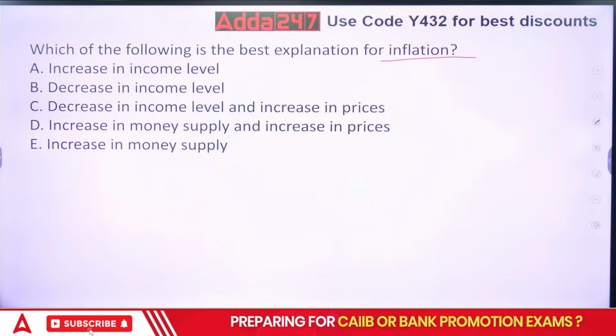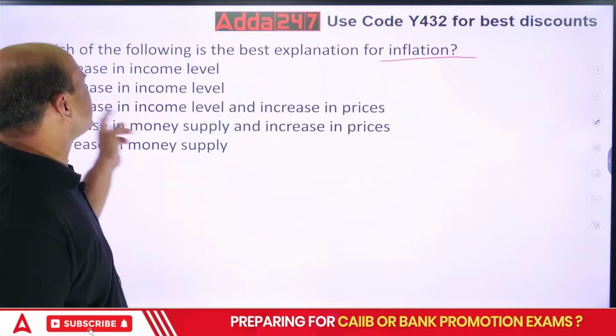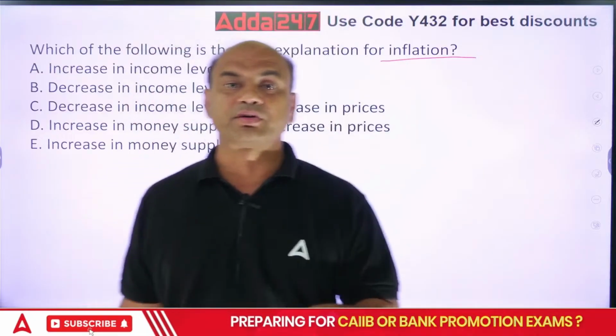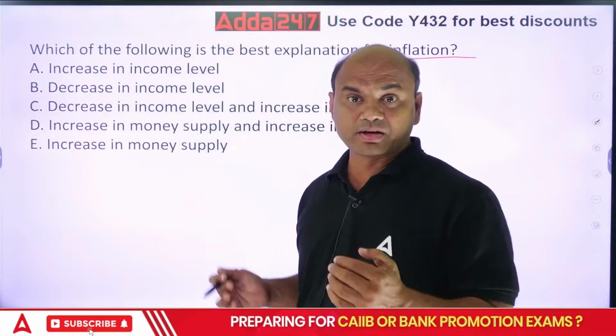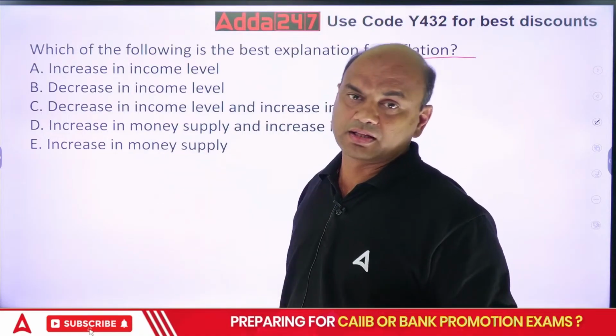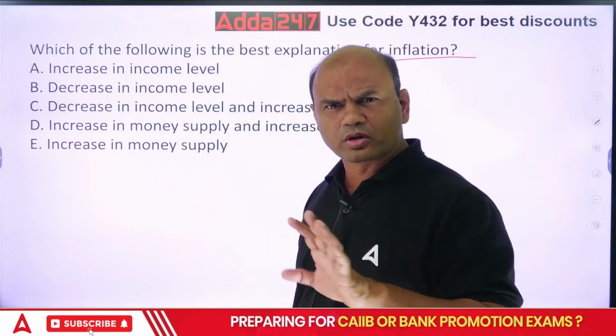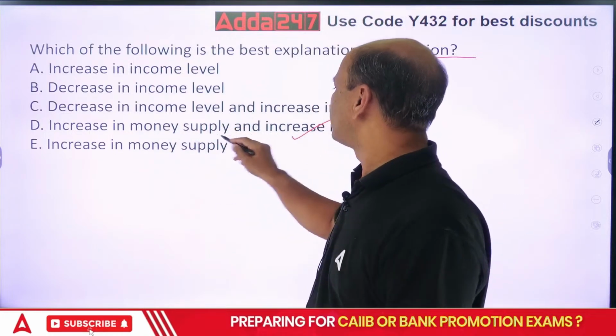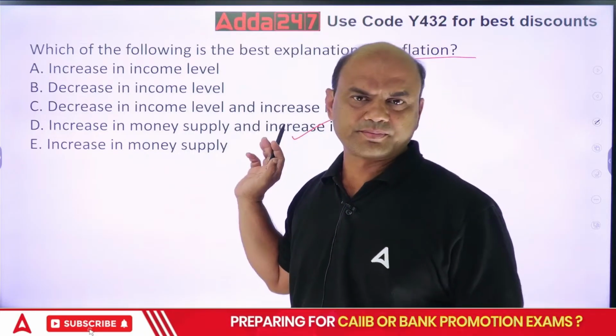I am seeing many answers coming over here. Decrease in income level and increase in prices. That's what I am seeing, majority of you are giving. My income is reducing, I can't buy more things. So decrease in income level. Not the right answer. The right answer is increase in money supply and increase in prices.